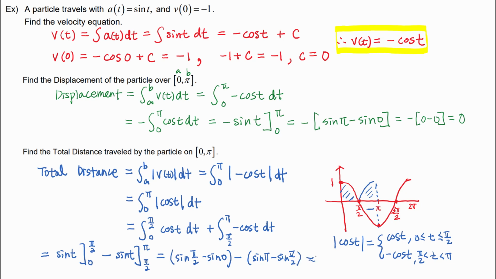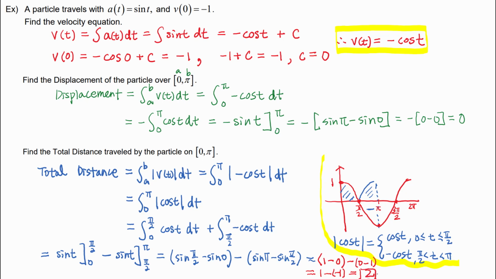So what is the sine of pi over 2? Sine of pi over 2 is 1, minus sine of 0, which is 0, minus sine pi, which is 0 again, and sine of pi over 2 is 1. So finally, you get 1 minus negative 1, which is equal to 2.